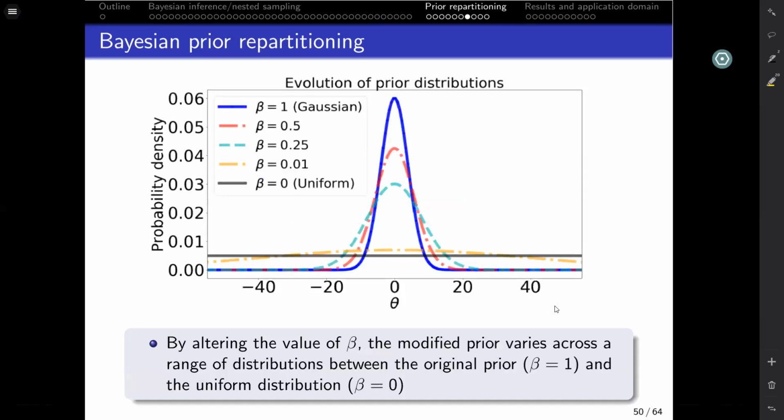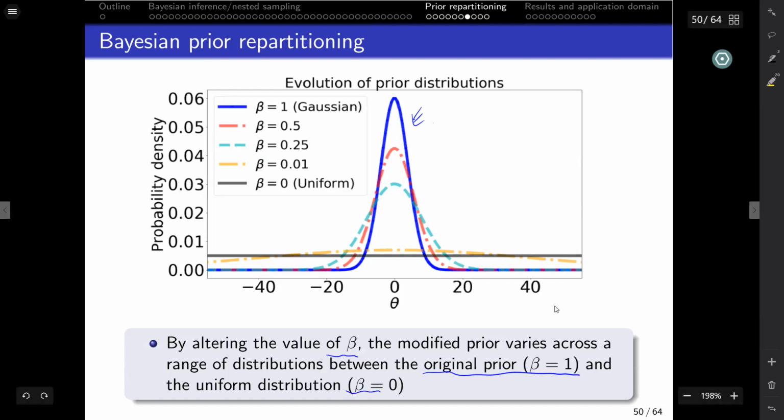The intuitive interpretation is that changing the value of beta will make us shift between the original prior when beta equals 1. So we keep the original prior, that's the Gaussian distribution illustrated here. Okay.